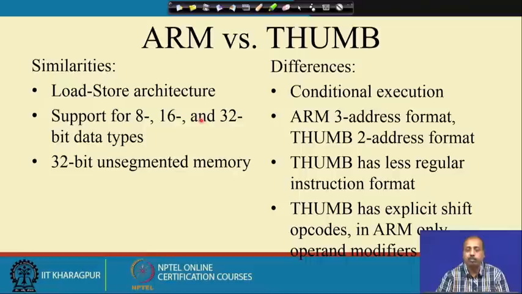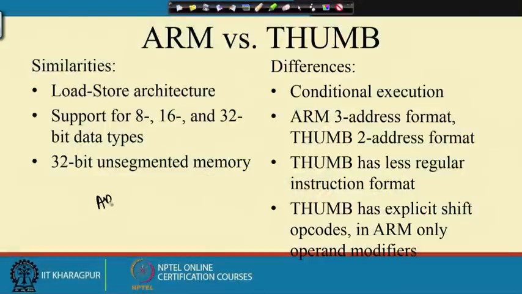In case of ARM, you remember that we have the LSL part, but the modifier was put along with the opcode. For example, we had instructions like add R1, R2, R3, and then LSL by 2 bits, so R3 was left shifted by 2 bits.